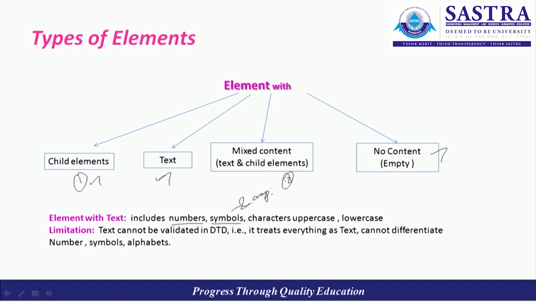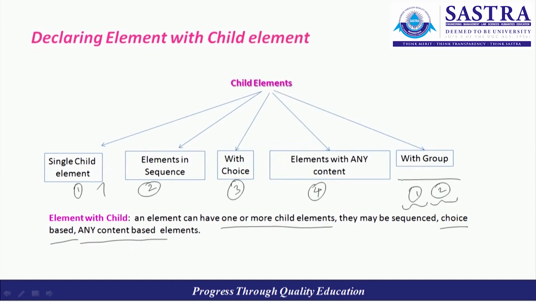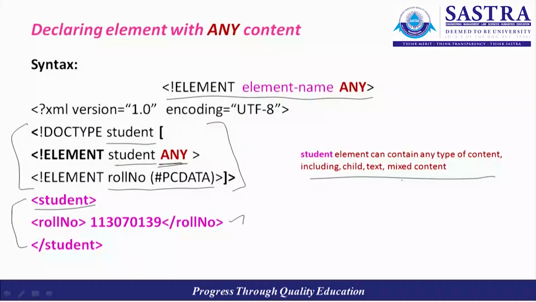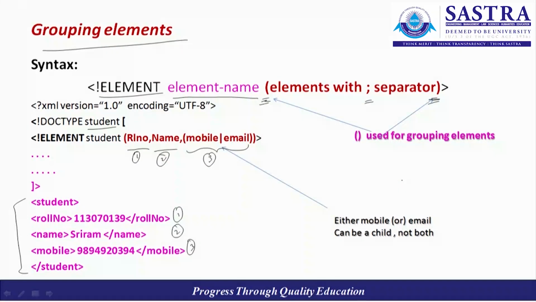How to define that? And later we will have the fourth one, where the element does not carry anything, which is called an empty element. Now we have mixed type of content. How can an element carry both text as well as child elements? How to define an element to carry both text as well as child?